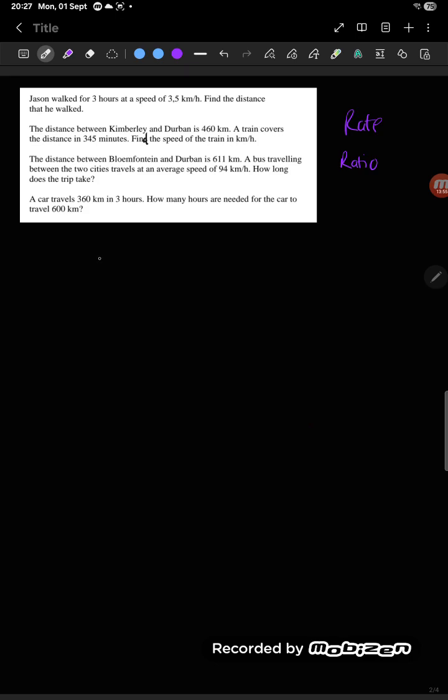Okay, a car travels 360 kilometers in 3 hours. So I've got kilometers per hour. So my ratio is 360 to 3. But can I simplify this ratio? It might make it easier for me. Let's see what the question asks. How many hours are needed for the car to travel 600 kilometers? It would be better if we simplified this.